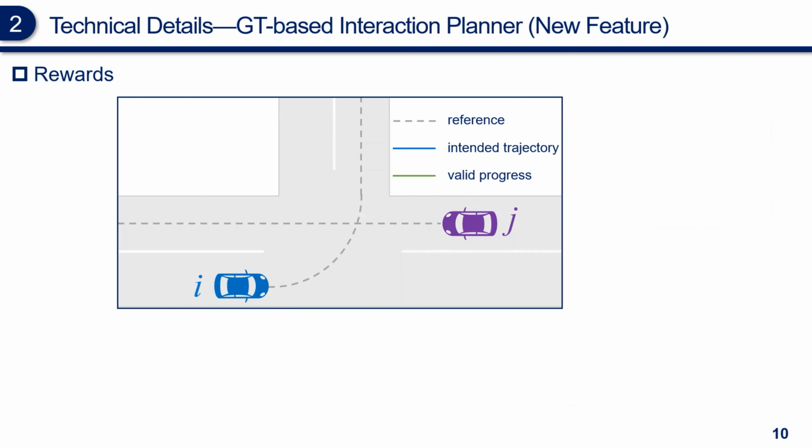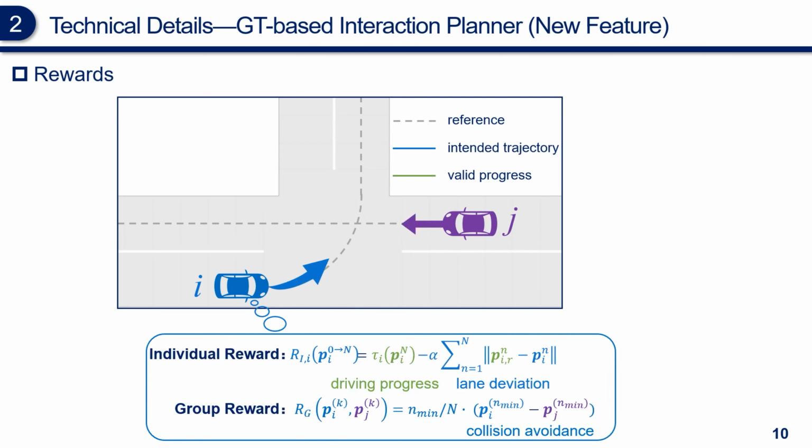Then the game-theoretic interaction planner is used to tackle conflicting scenarios. This is also the new feature in this year's planner. We would like to take the unprotected left turn scenario as an example to roll out the planning process. The individual reward is designed to encourage the ego car to pursue driving progress and avoid lane deviation.